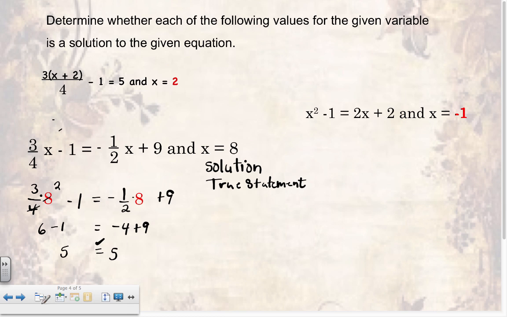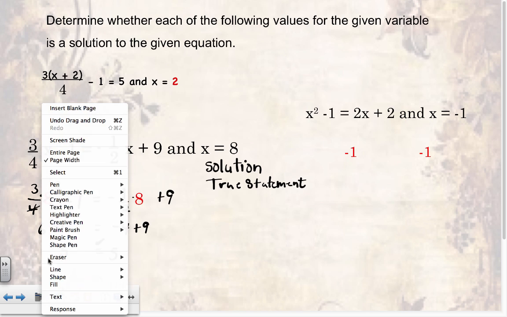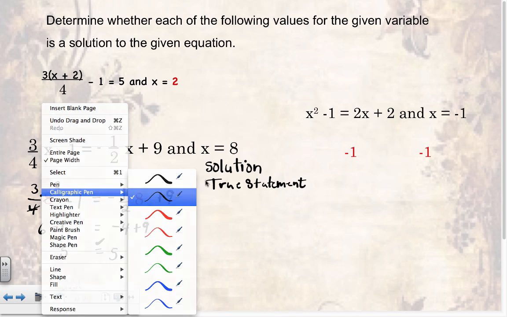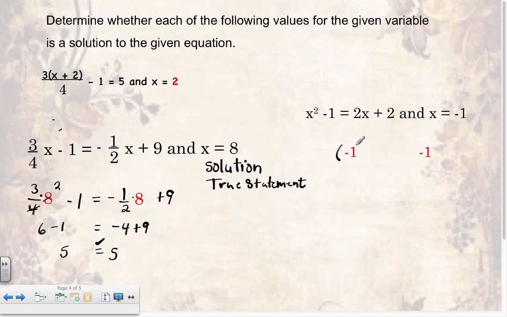Okay, we've got one more to do here. I think by now you've got the hang of it. So we're going to put in a -1 every time I see an x. I want this -1 to be squared, and then I'm going to minus 1 equals. I want this -1 to be multiplied by 2, and I'm going to add 2. So -1 squared is +1.